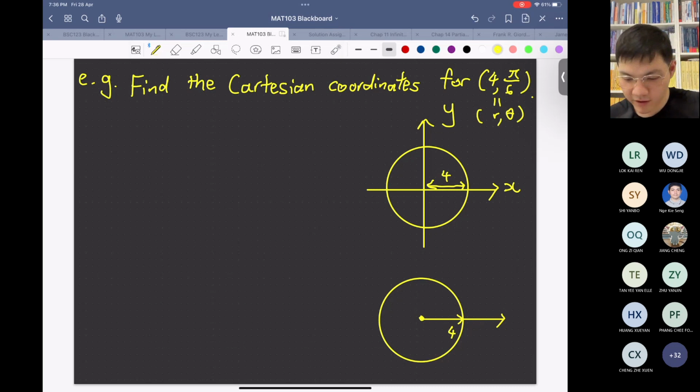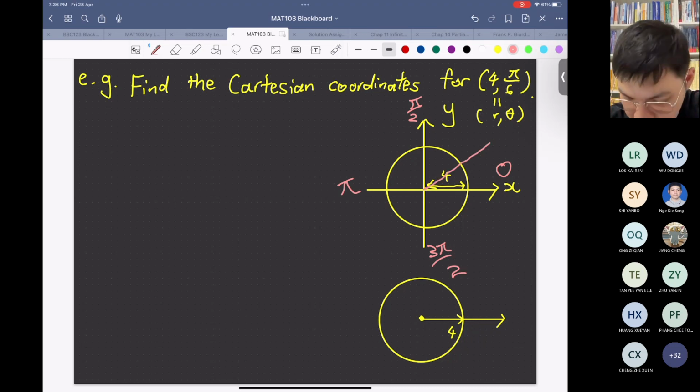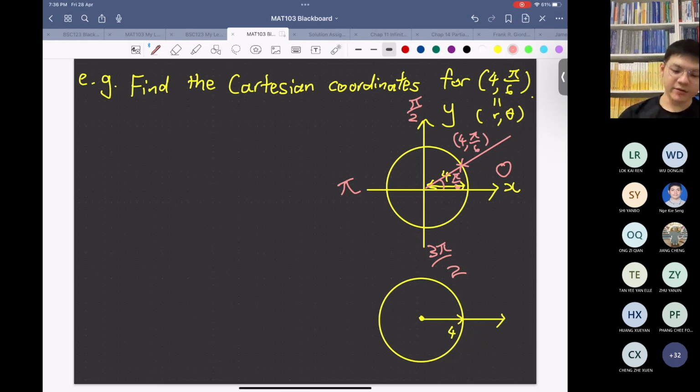Just remember you are still in the xy plane. So where's pi over 6? 0 here, pi over 2 here, pi, and 3 pi over 2. So pi over 6 is in the first quadrant, somewhere around here. So the intersection is the point we want. Okay, good. Now, please find what x and y are.